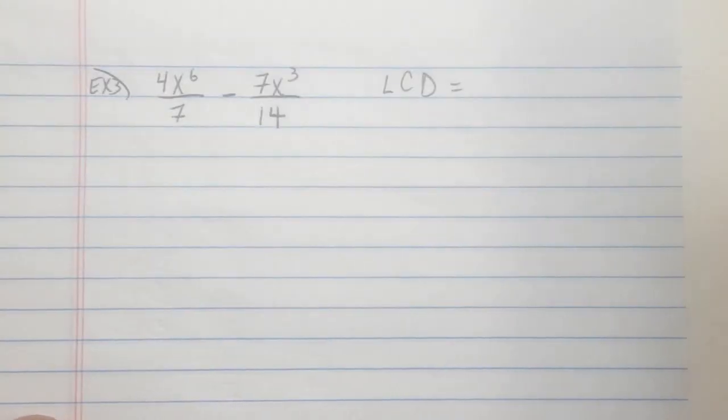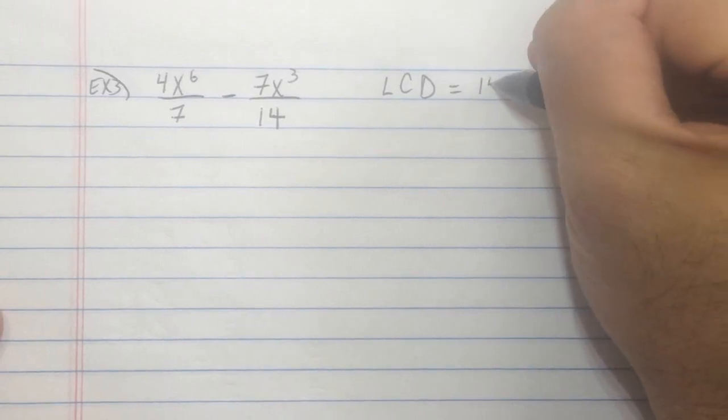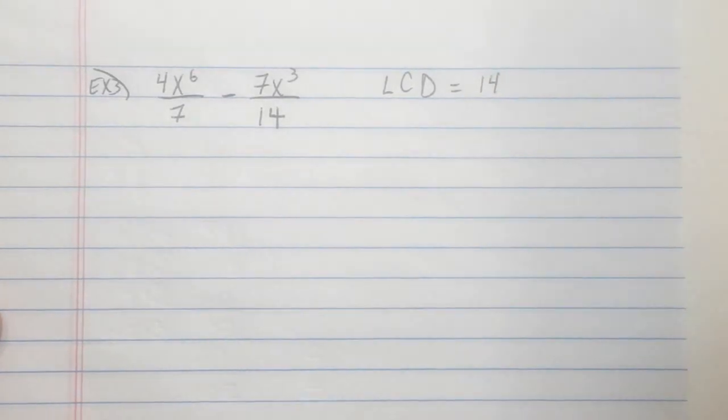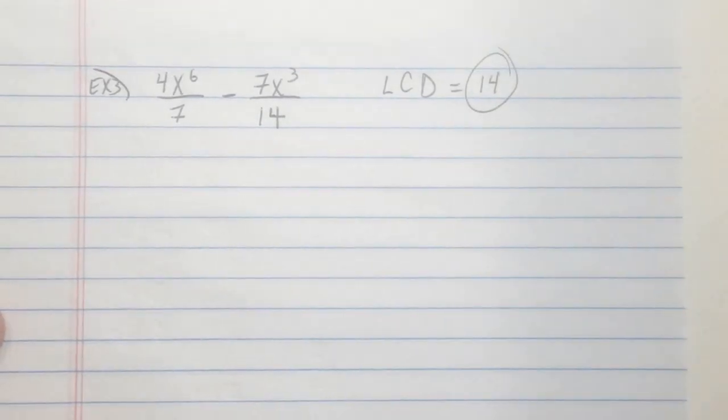They don't have variables, so we're just dealing with numbers. We're looking for the smallest number that both 7 and 14 will go into. If we start with the higher number, we ask ourselves, will 7 go into 14? Yes, 7 times 2 gives me 14. It's not that hard to figure out. So our LCD is going to be 14.